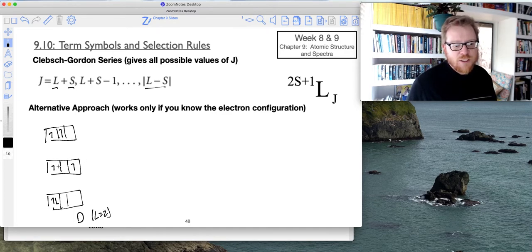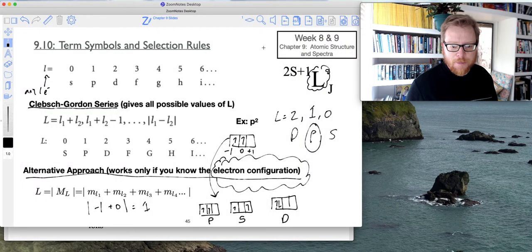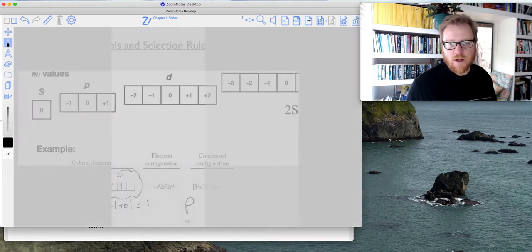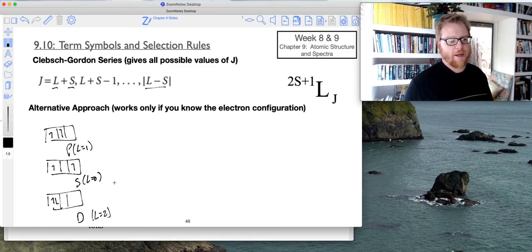When they were split all the way like that, oh wait, let me double check, apologies. Yes, so S, because it was -1 and +1, so that cancels. Okay, so this is the S term from L equal to 0, and this was our P term from L equal to 1, okay?